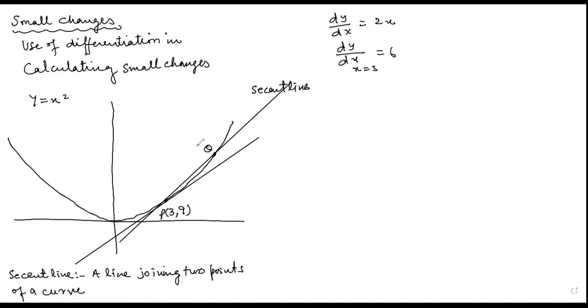Let the coordinates of point Q be 3.1 and the value of y is 9.61. When we put x is equal to 3.1 into this curve, we get y is equal to 9.61.